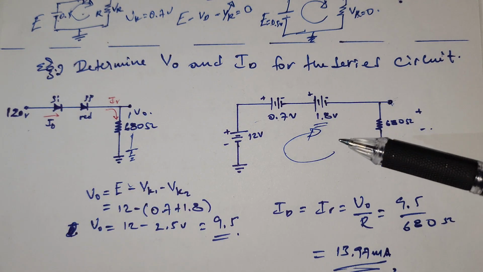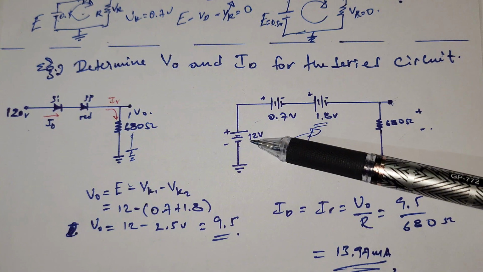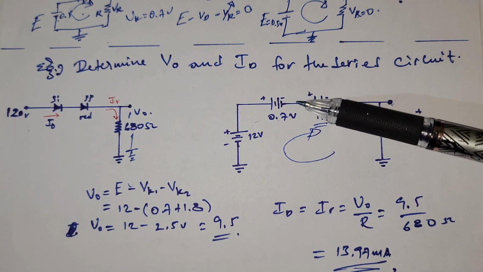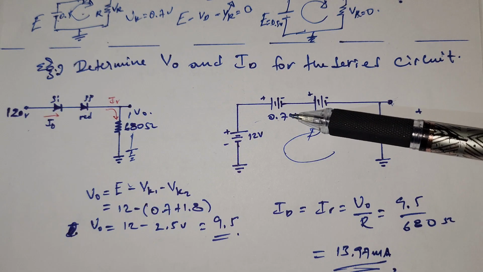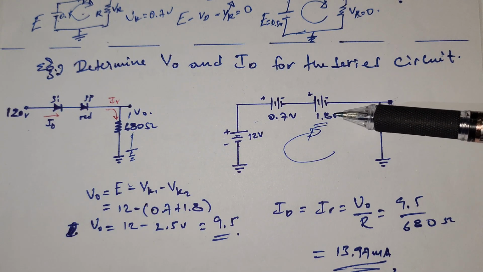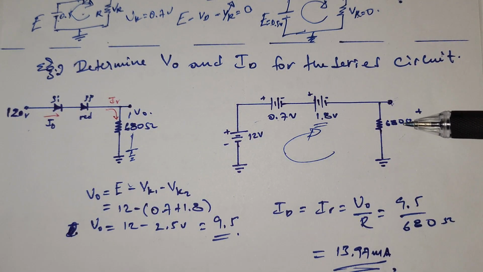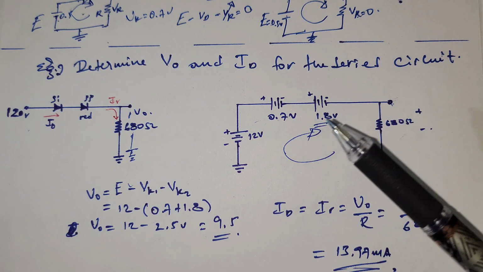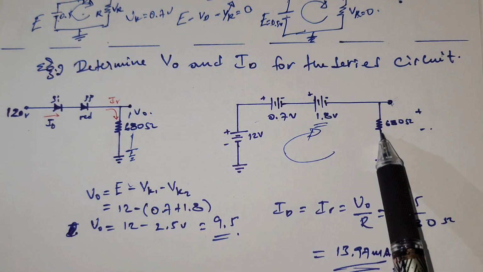When we apply KVL to this loop, we have 4 components: the 12 volt source, the 0.7 volt silicon diode, the 1.8 volt which is dissipated on the red LED, and the 680 ohm resistor. So the combination of these 4 components is 0.